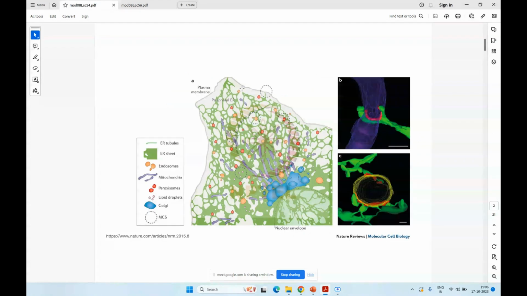But recently, papers have shown that the ER is not constrained to the place near the nucleus. Rather, it forms a network throughout the cell, just like the microtubules or the actin filaments. There are areas which are continuous sheets of ER, and areas which form tubular networks of ER.